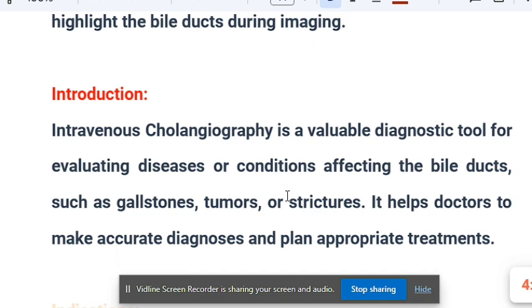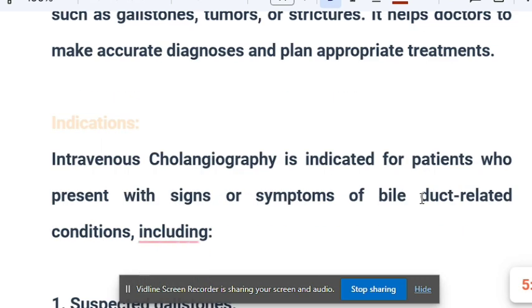When the bile duct gets narrow, then there will be a problem. The patient will suffer, as he or she will not receive an adequate amount of bile into the region of the duodenum. So this examination helps the doctor to accurately diagnose and plan appropriate treatment.